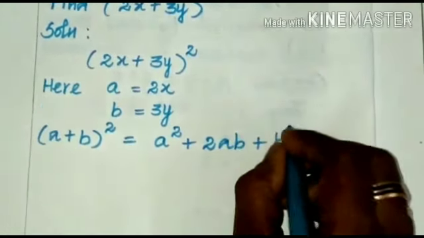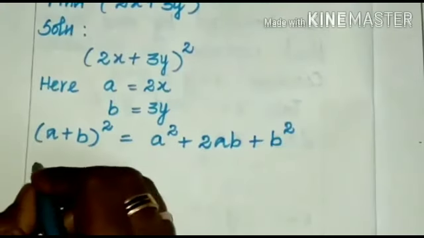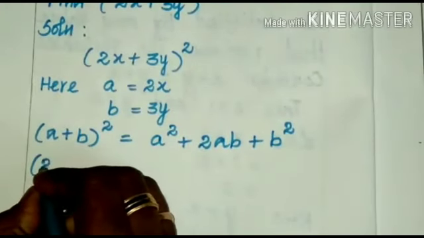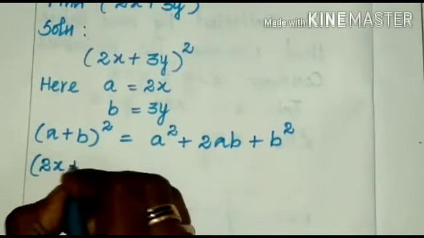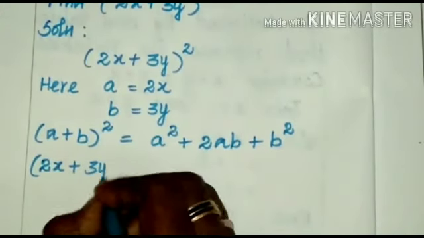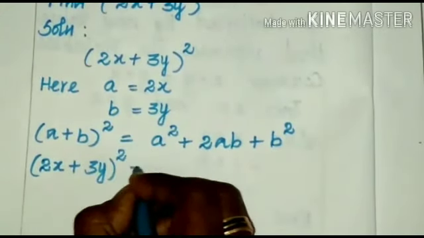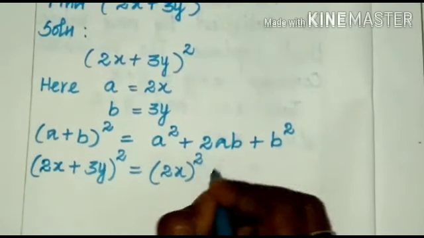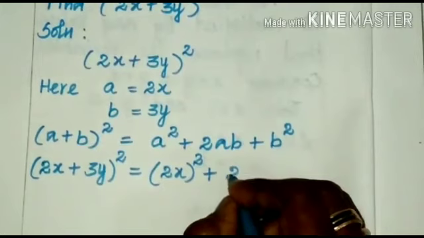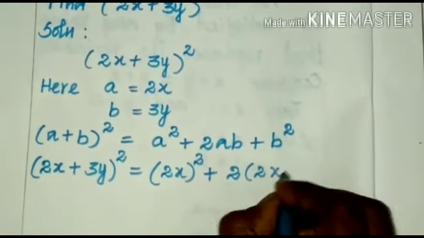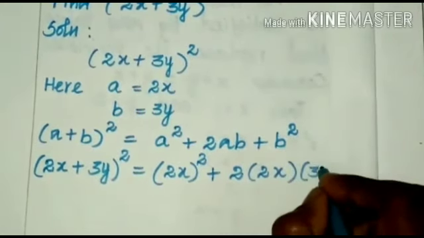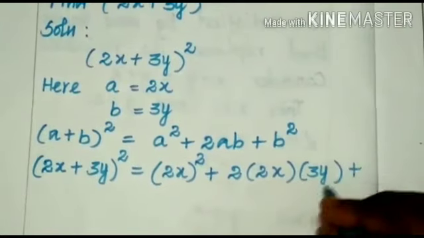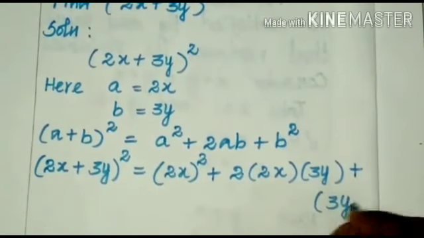Now you substitute the values. So what is the a value? 2x. What is the b value? 3y, which is equal to 2x the whole square plus 2 into 2x into 3y plus 3y the whole square.